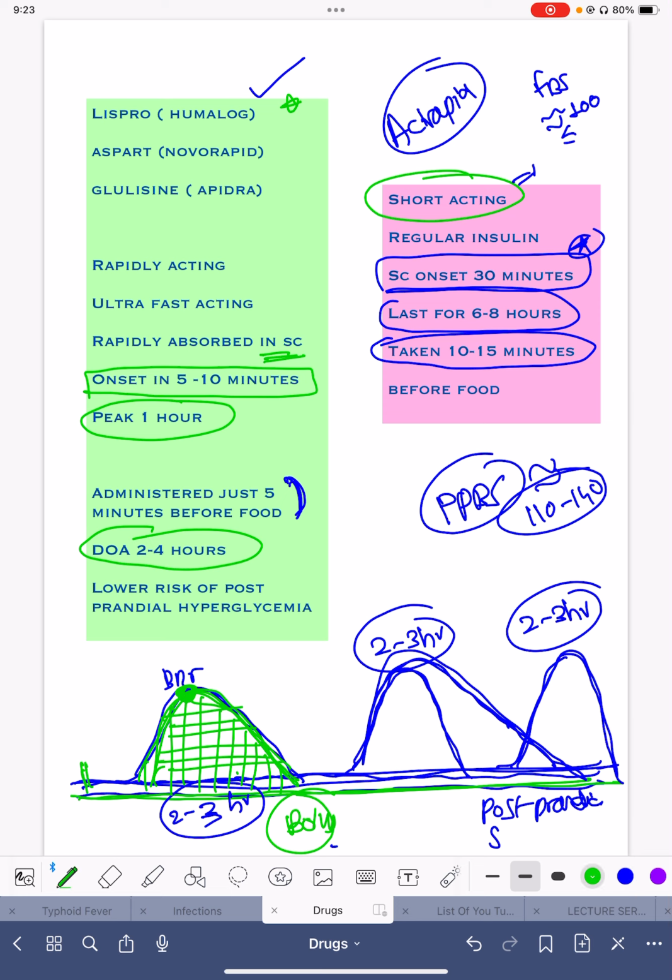So the main difference between the two insulins is price. The short acting insulin, injection Actrapid, is much cheaper, whereas this fast acting or ultra fast acting insulin is pretty costly. But when it comes to their activity, it simply disappears within 2 to 3 hours.